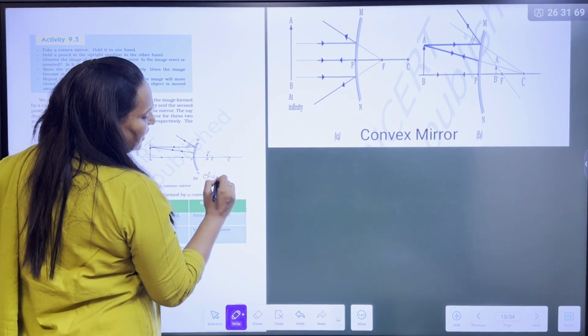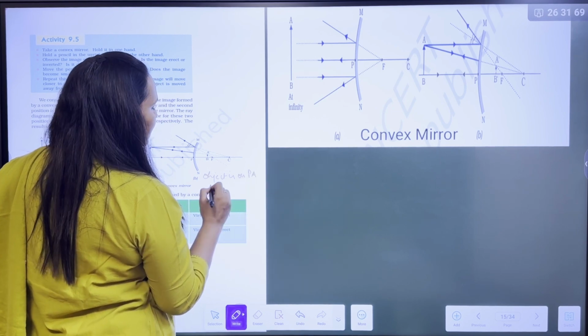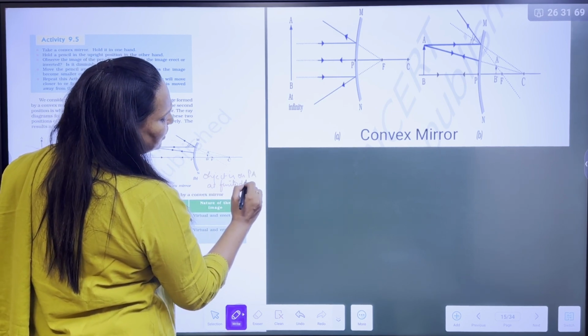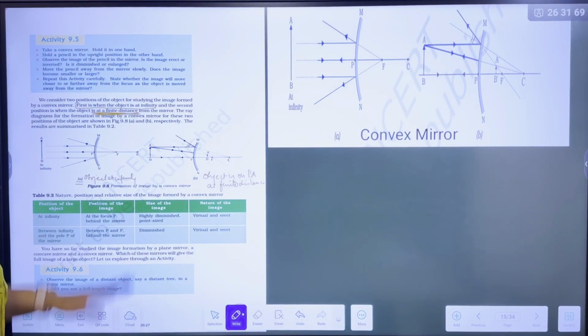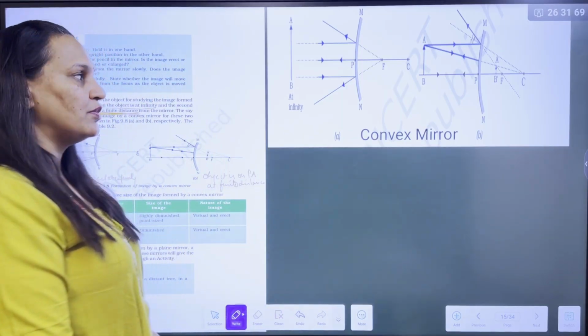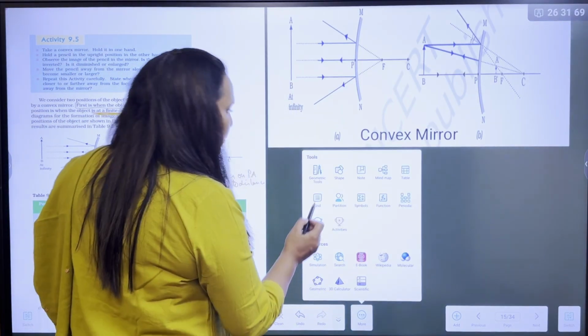But there are no positions like between C and F, nothing. So if they ask you the first diagram, draw the ray diagram of the convex mirror when the object is at infinity.